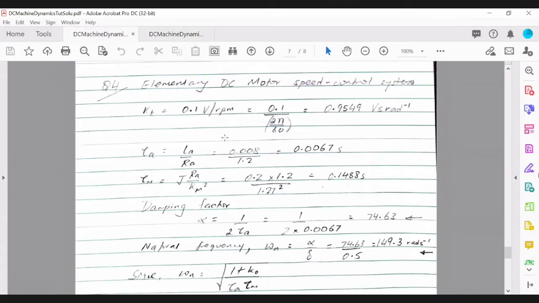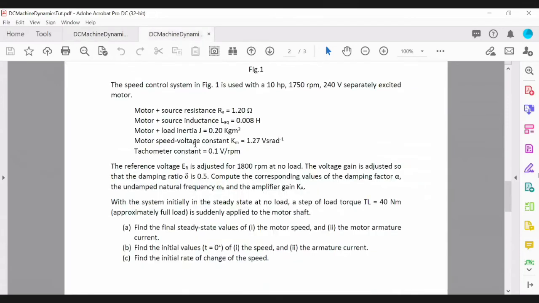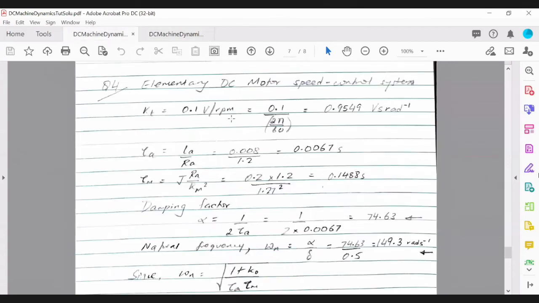Let's look at what's given to us. This constant is the tachometer constant, 0.1 volt per RPM. We are now converting it from RPM to radian per second.